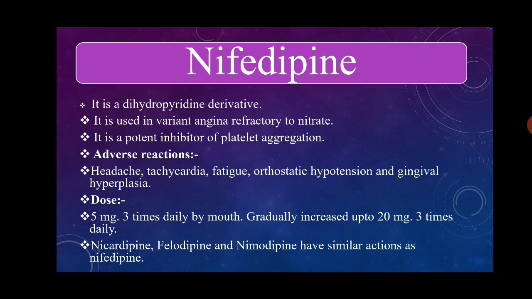Gingival hyperplasia is an overgrowth of gum tissue around the teeth. There are no specific causes for this condition, but it is a side effect of various medications. Gingival hyperplasia is an adverse effect of nifedipine.